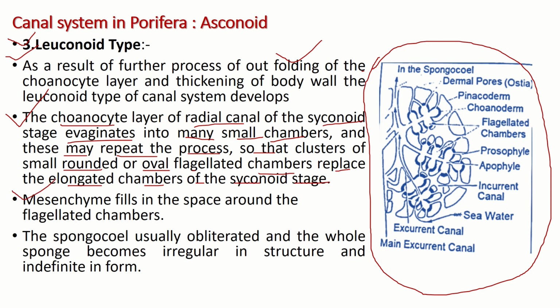Mesenchyme fills in the space around the flagellated chambers. The spongocoel is usually obliterated and the whole sponge becomes irregular. Due to these increasing chambers, the sponge becomes irregular in structure and indefinite in form.